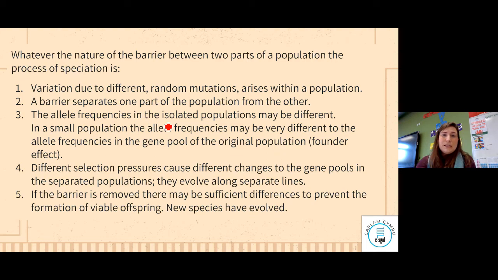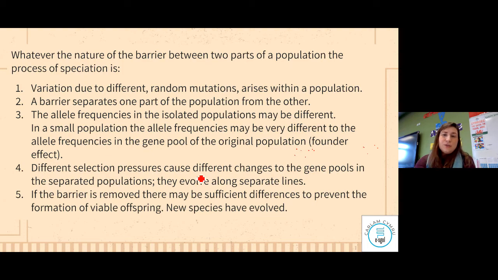The allele frequencies in the isolated populations might be different, remembering they don't have to be the same. In a small population, the allele frequencies might be very different to the allele frequencies in the gene pool of the original population. So we're thinking back to that original where I showed you the different coloured dots, and over here was a different colour that was a higher allele frequency than here.